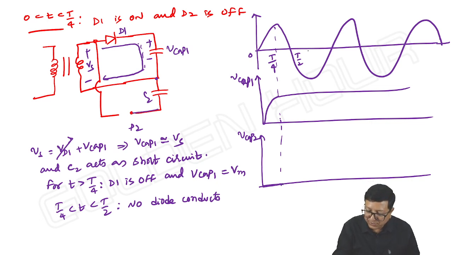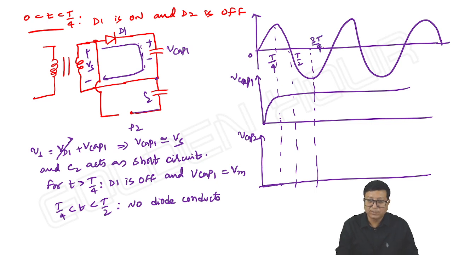Next, from T by 2 to 3T by 4. Here what happens? Negative cycle. Then D2 is on and D1 is already off. T by 2 less than t less than 3T by 4.